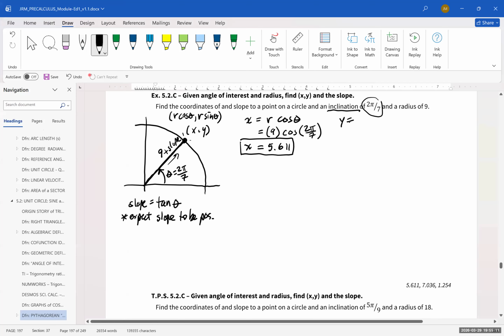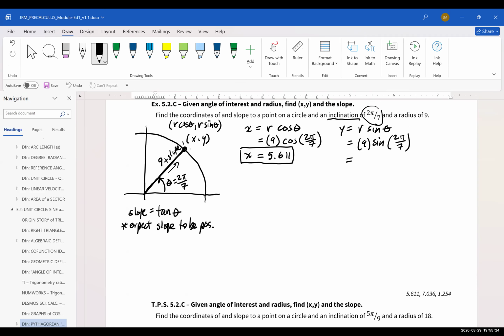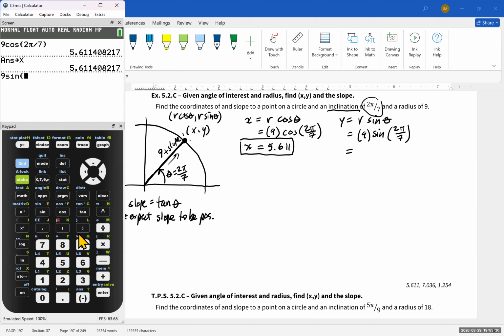Now we've got y equals r sine theta. Our radius is 9, and now it's the sine of 2 pi over 7. Let's put that in just as we see it. So we've got 9 sine 2 pi divided by 7, and we get 7.036.